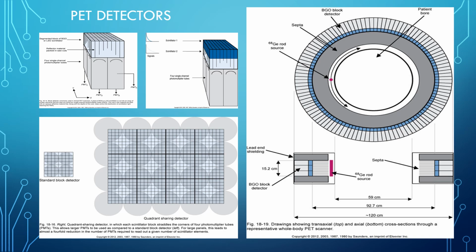In older cameras, there would have been a germanium rod source built into it for QC. That's right there, and that would retract in and out. And then septa and the detector blocks. So those detector blocks make a ring all the way around the patient. And then the septa are retractable or not, and that's how we determine whether it's going to be 2D or 3D.